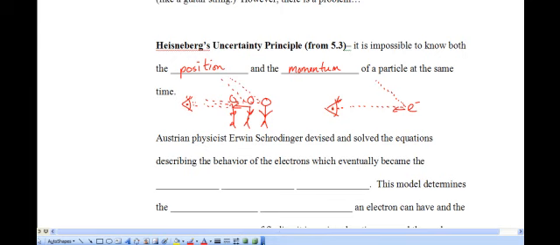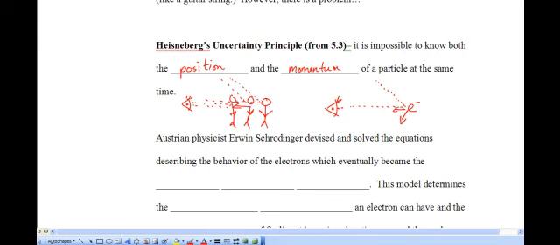However, the electron is no longer traveling on that same pathway. The electron is so small that when a photon of light strikes it, it actually moves in a different direction. We don't know what that direction is. It bounces off the photon of light like billiard balls on a pool table. And so we can never know exactly where that electron is in the next split second. You only know where it was.